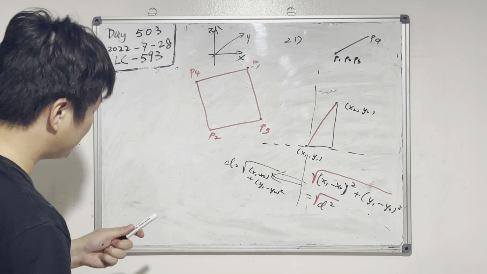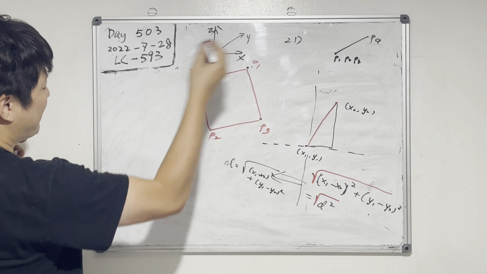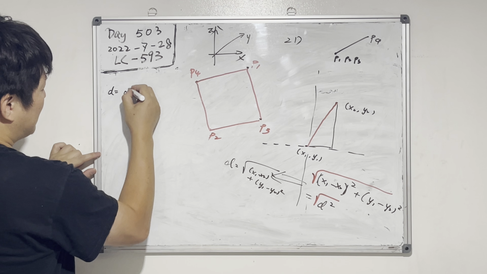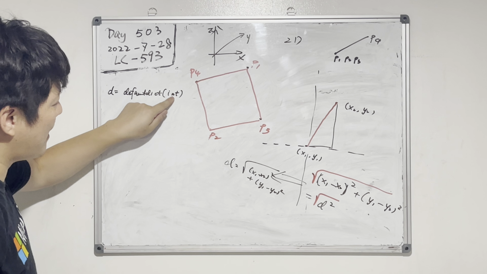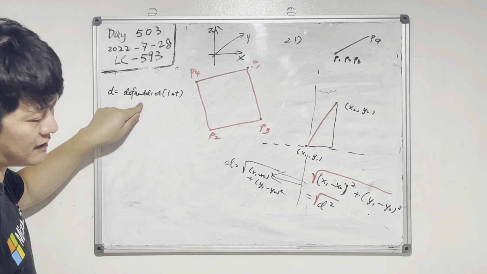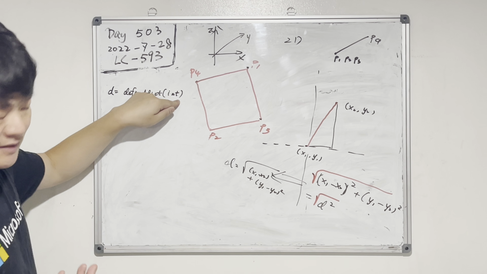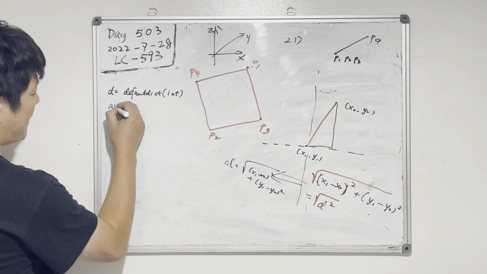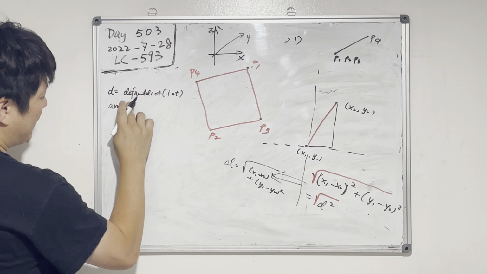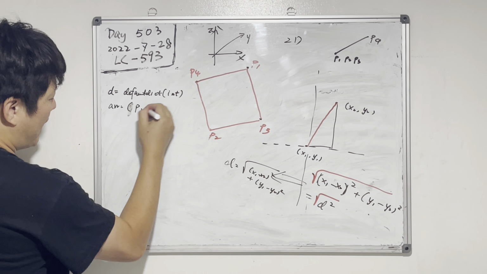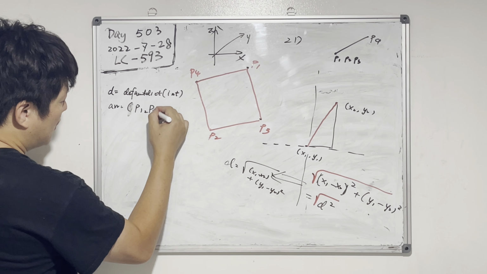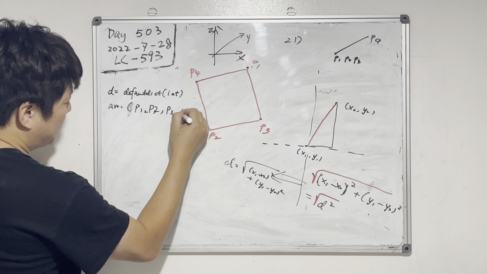So there are 4 points, P1, P2, P3, P4. D equals a defaultdict. We want to count: the keys will be the distance, the values will be how many times this distance appears. And then the array equals a tuple of P1, P2, P3, P4.